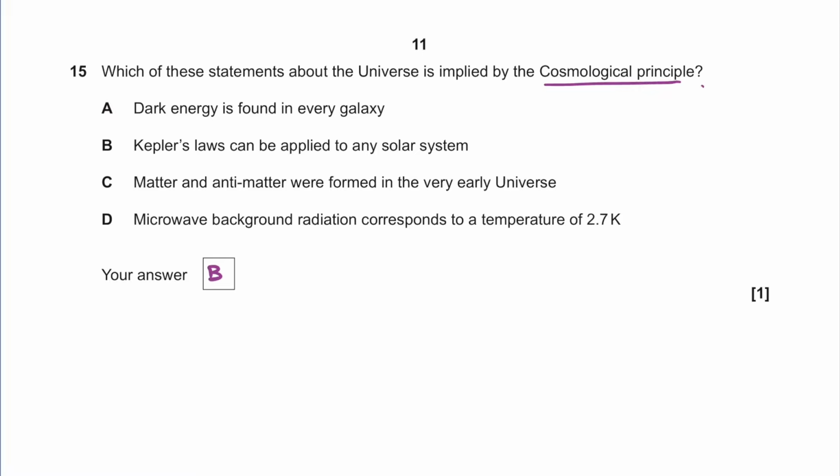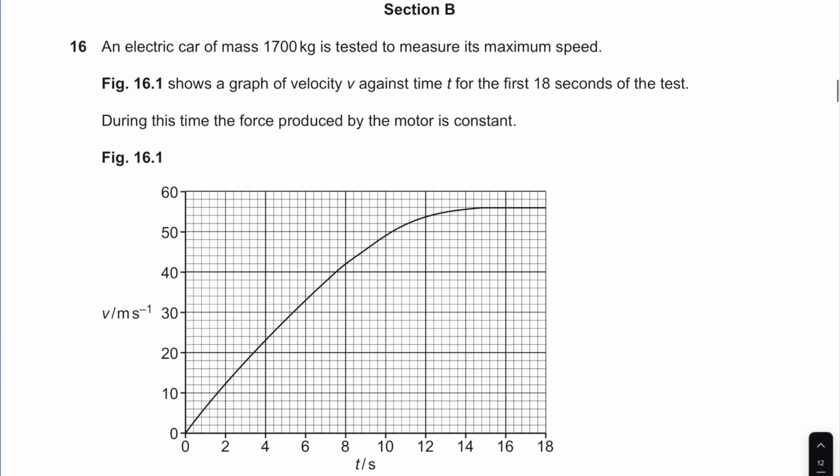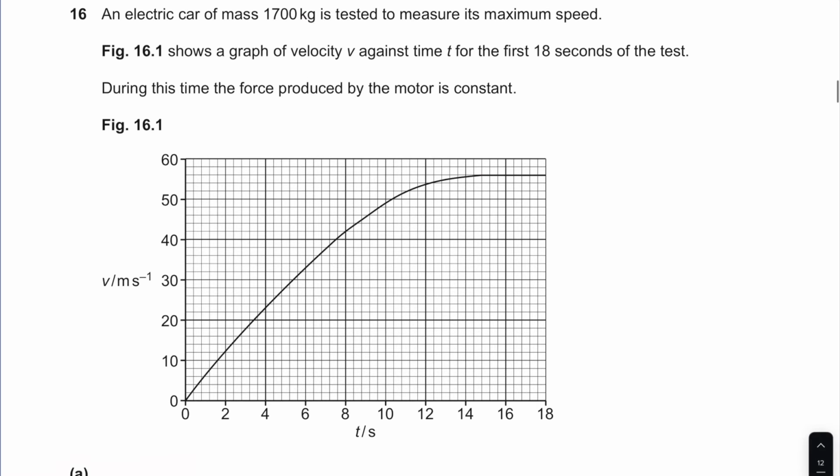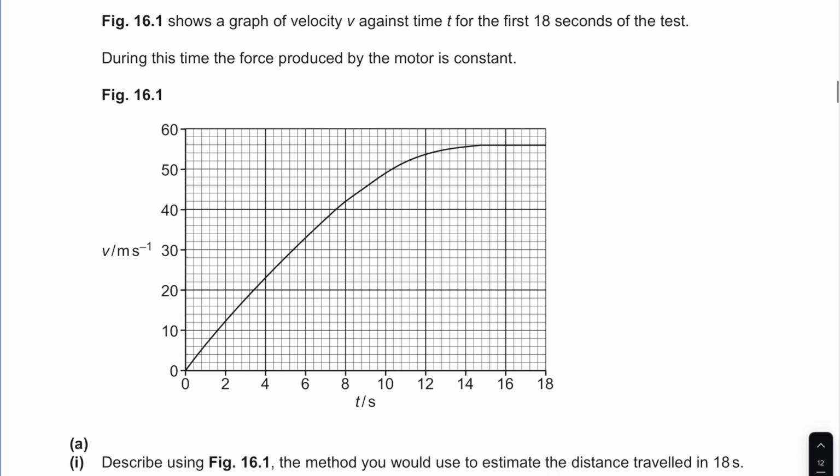Let's move on to section B with question 16. We're given that an electric car of mass 1700 kilograms is tested to measure its maximum speed. And figure 16.1 shows a graph of velocity against time for the first 18 seconds of the test.